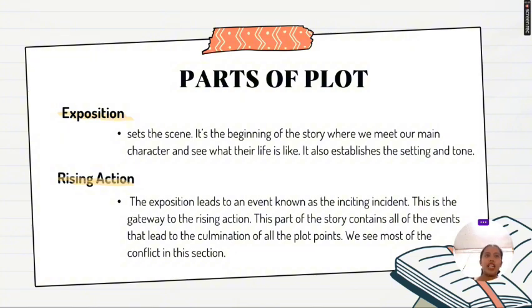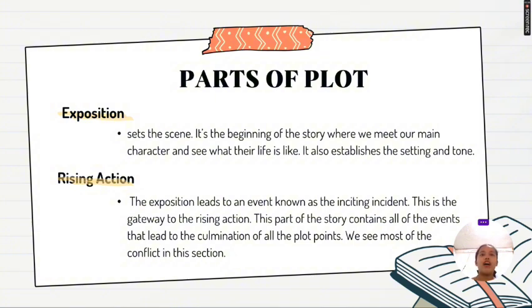Okay, so the first one here is the exposition. It sets the scene and it is the beginning of the story where we meet our main character and see what their life is like, and it also establishes the setting and tone.